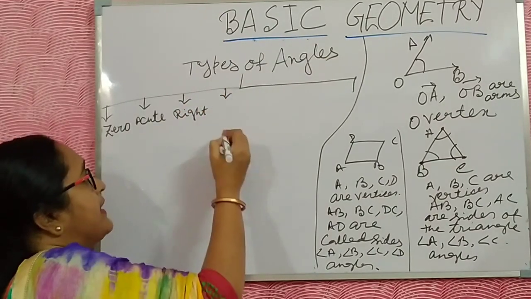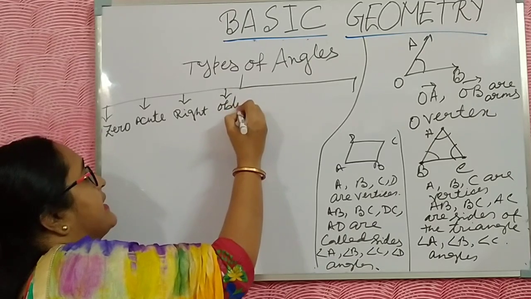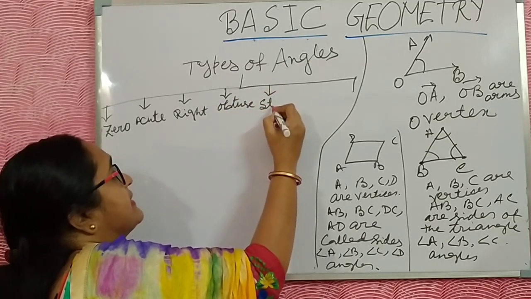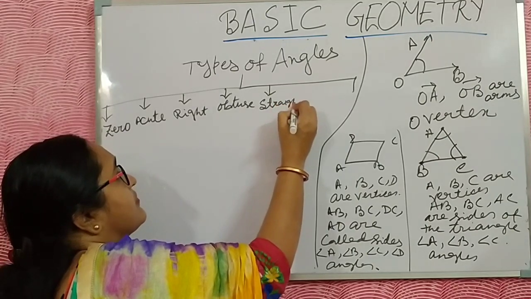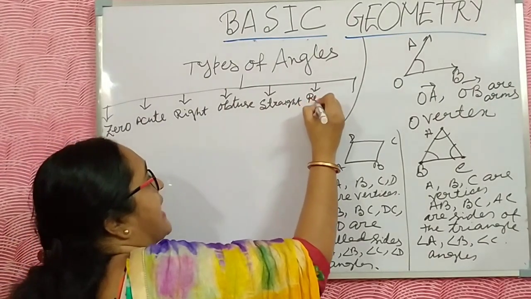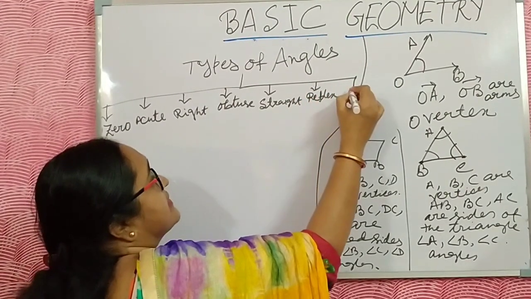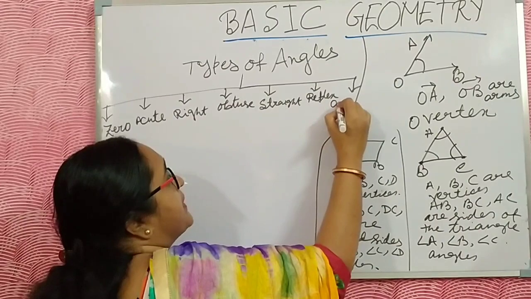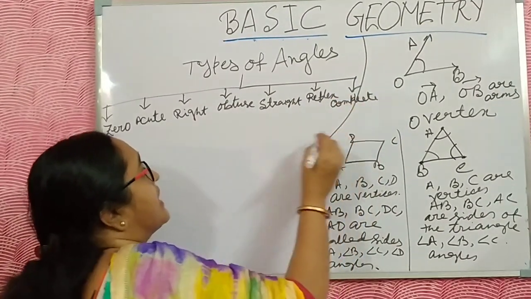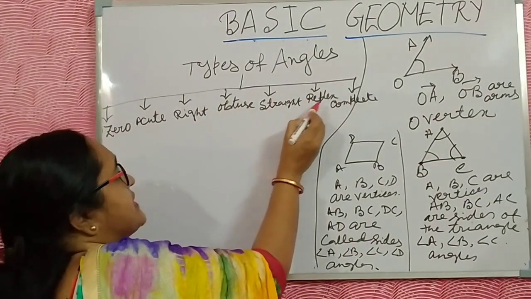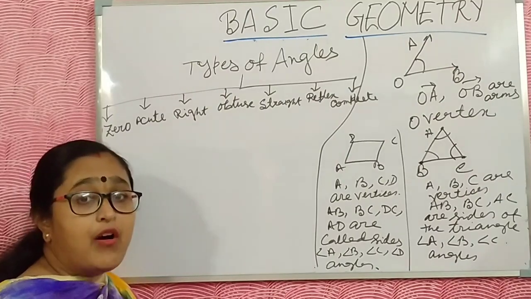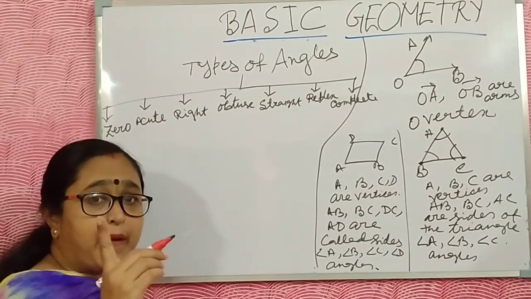The fourth is obtuse angle. The fifth is straight angle. The sixth is reflex angle. And the seventh is complete angle. So there are 7 types of angles here. Now I will discuss the 7 types of angles.